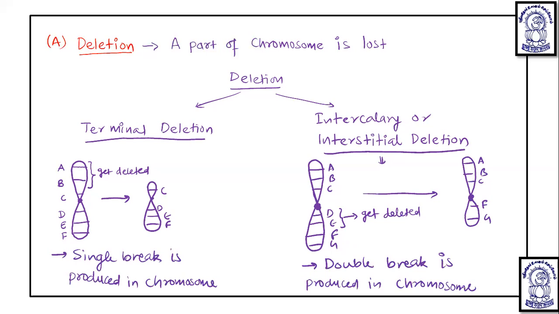So these are the two types of deletion, terminal and intercalary. Now the next type seen in chromosomal aberration is the second type, that is duplication.